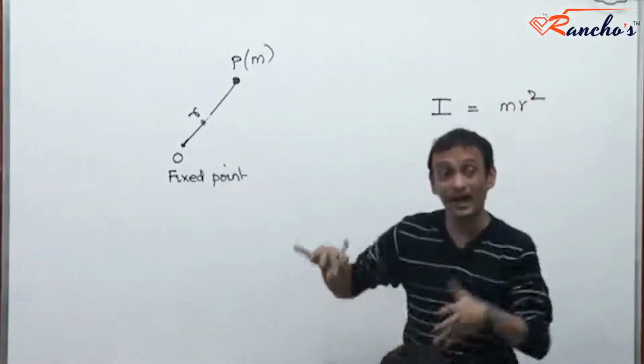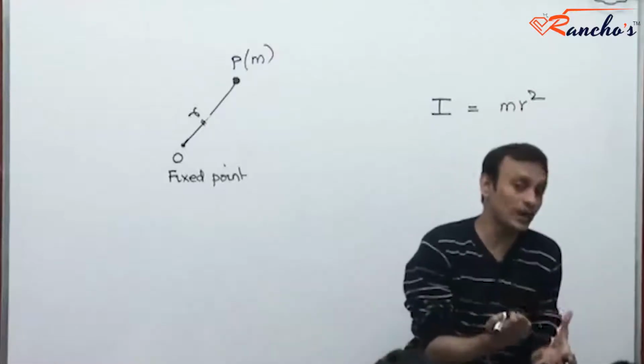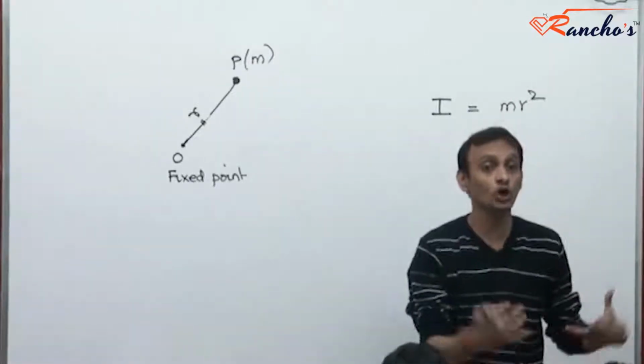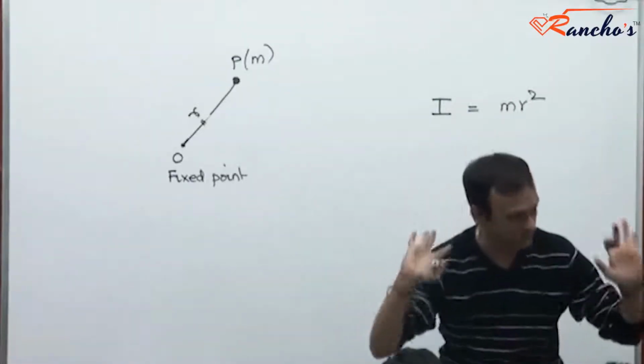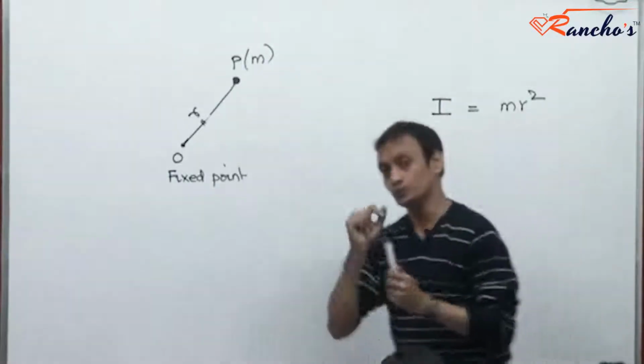Sigma mi ri square. So in this case, just one mass, its moment of inertia about O is going to be mr squared. That's one thing.